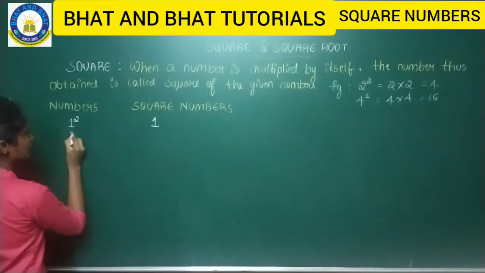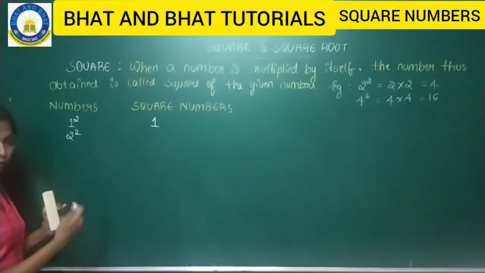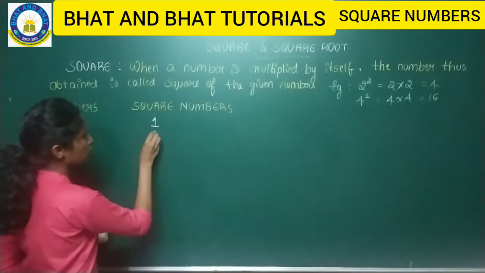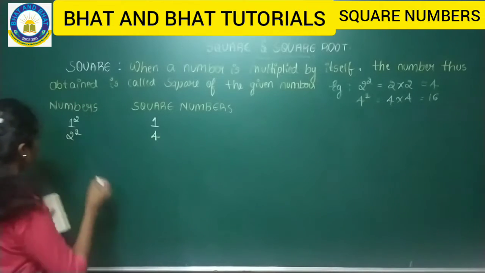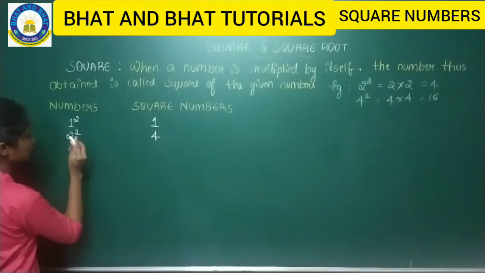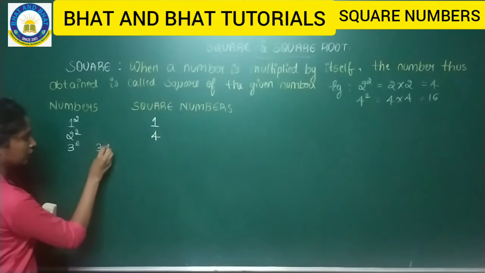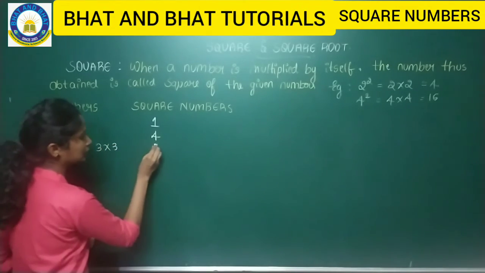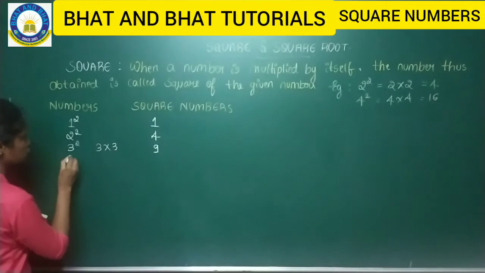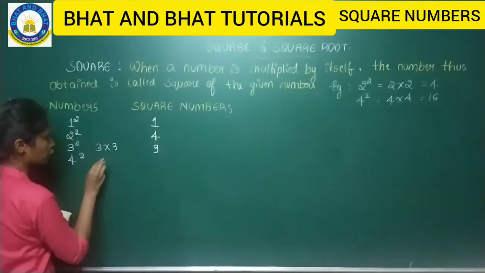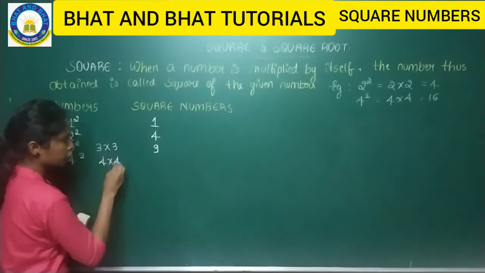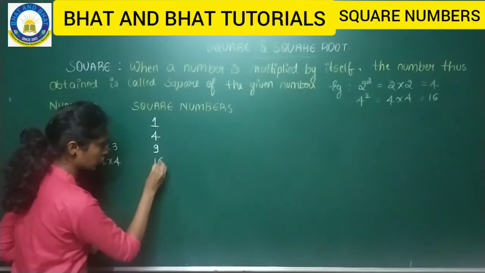Fine. So in the same way, 2 square, 2 into 2, 2 twos are 4. Got it? In the same way, 3 square, that is 3 into 3, 3 threes are 9. Now 4 square, 4 into 4, 4 fours are 16.